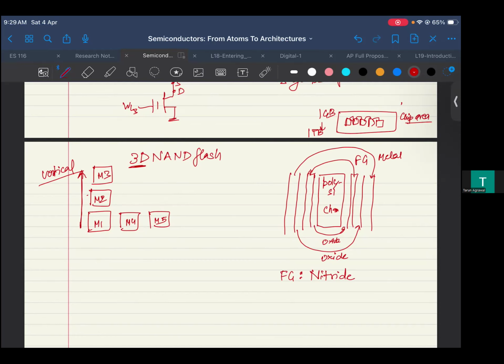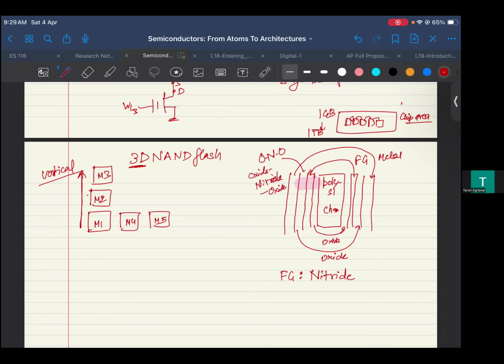So that's why this structure, these three layers you see here, is called ONO. ONO means oxide, nitride, oxide: you have the oxide, floating gate, oxide.